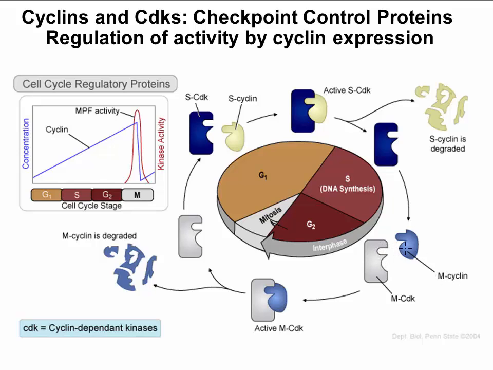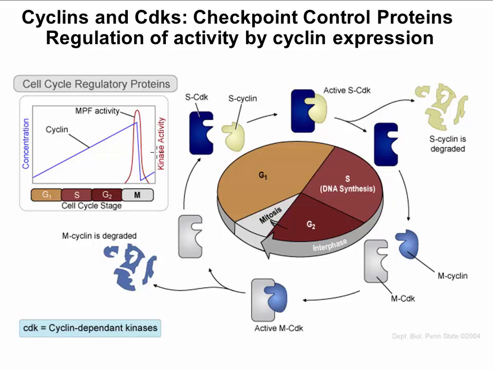And what we see with cyclins, and the reason that they're called cyclins, is that their expression varies throughout the cell cycle. So for example, for this mitotic cyclin, if we were to look at the concentration of cyclin protein through all the stages of the cell cycle, beginning out here in interphase, what we would see is that through G1, the levels of cyclin protein are pretty low, and then beginning in S phase, we actually start to see an increase in the amount of cyclin protein that's present, and that concentration of cyclin protein actually peaks at the beginning of mitosis.